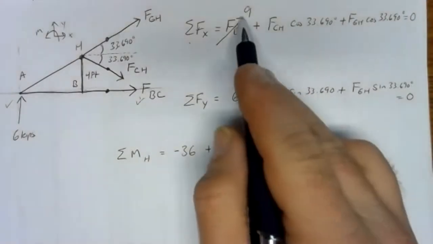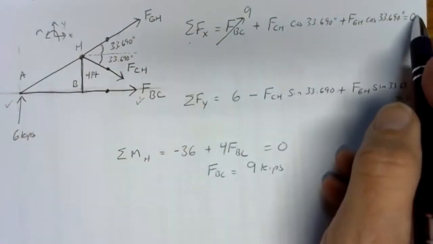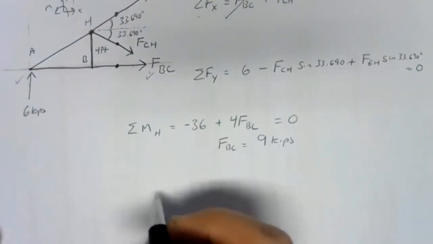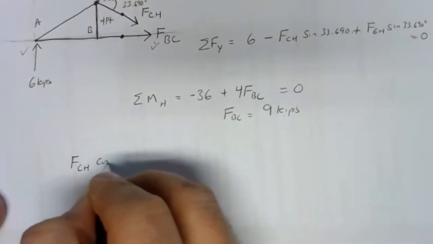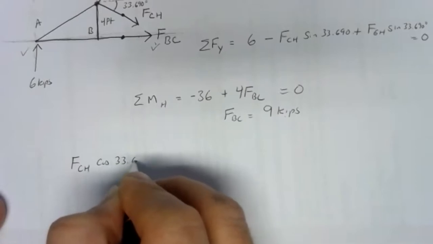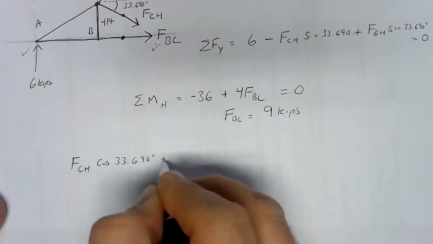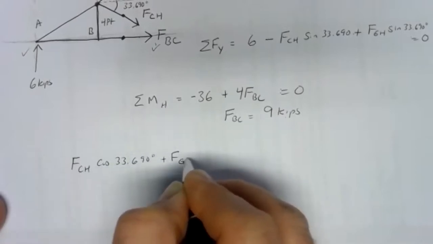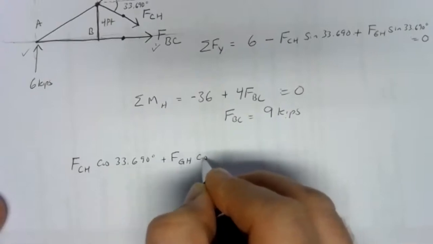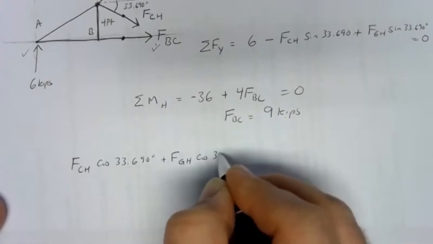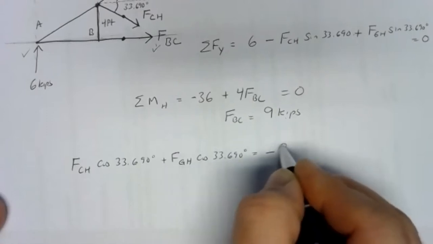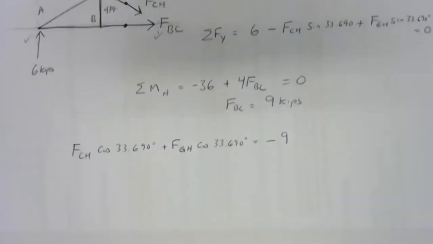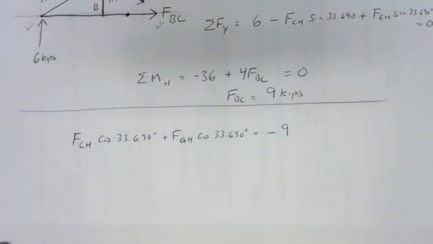Let me move the 9 over to the other side, so it'll be negative 9. And we'll write our x equation down here. We have FCH cosine of 33.690 degrees plus FGH also cosine of 33.690 degrees. That's going to be equal to negative 9. So that's our x direction equation.